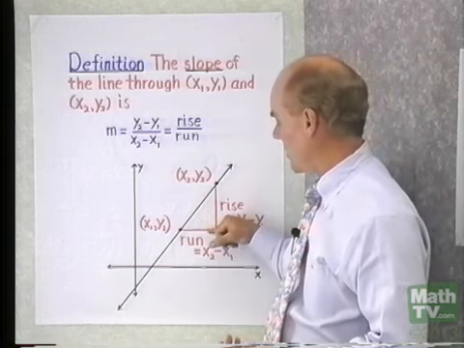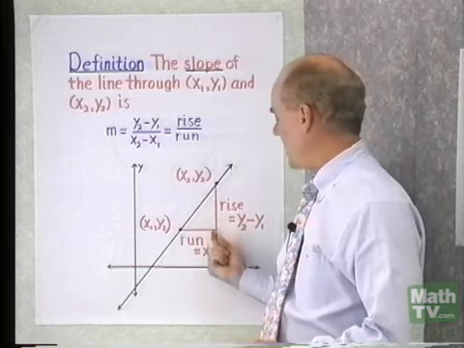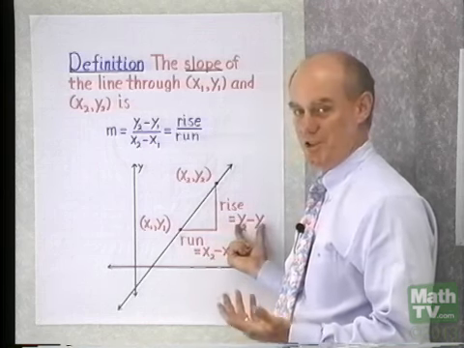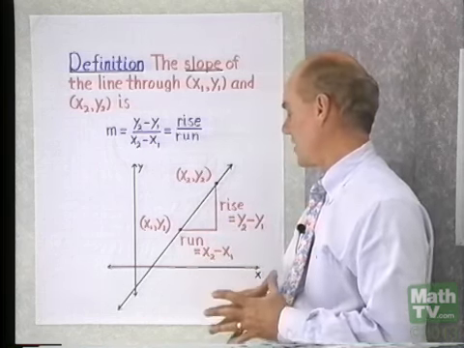This y-coordinate subtract this y-coordinate. So the rise and the run in the graph, this geometric idea, does correspond to the difference of the y-coordinates and the difference of the x-coordinates.